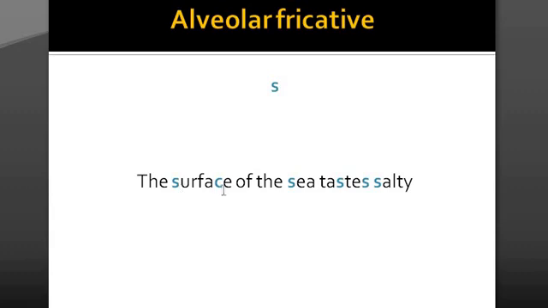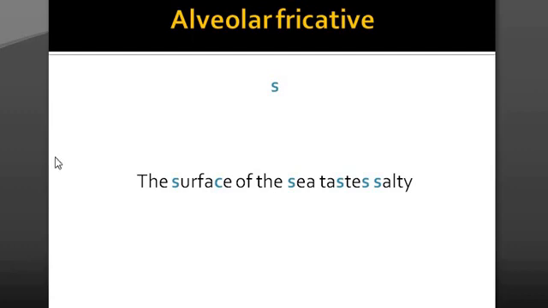So surface has a letter S and a letter C. Both of those letters make the S sound. Remember, in words that come from French, we have letter C can make the S sound. The surface of the sea tastes salty.